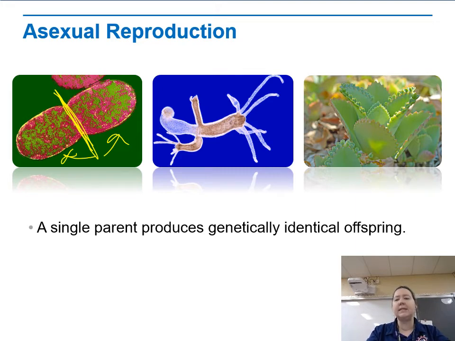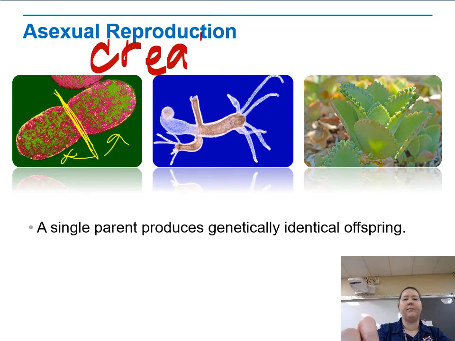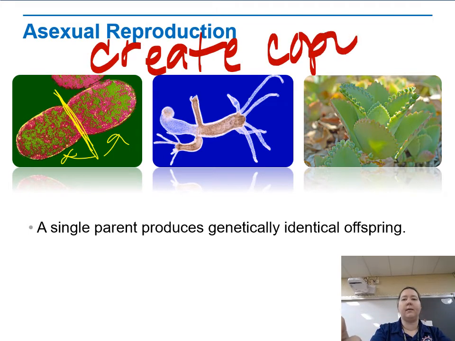Plants and some animals can use it. Asexual reproduction is just where they're basically creating a copy. Asexual reproduction is creating a copy of that cell.